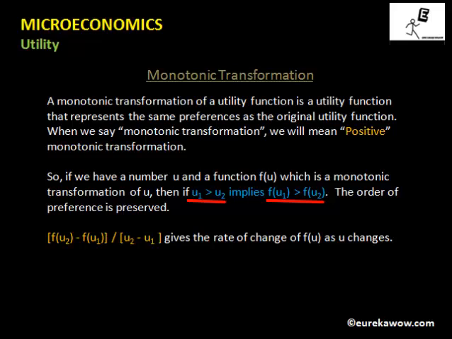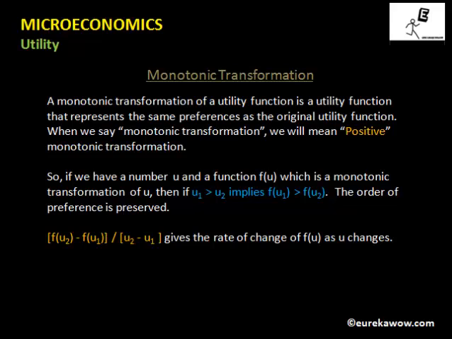So the preference order or the ranking of the bundles does not change when we take a monotonic transformation of the number u. The order of the preference is preserved. If we have to calculate the rate of change of the function f of u as u changes, we can do so using this formula: f of u2 minus f of u1 divided by u2 minus u1.